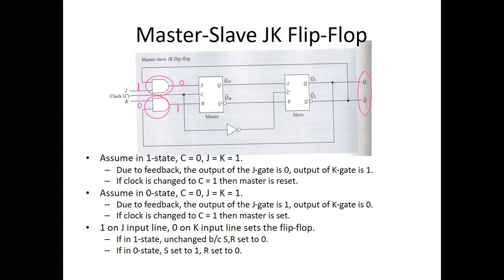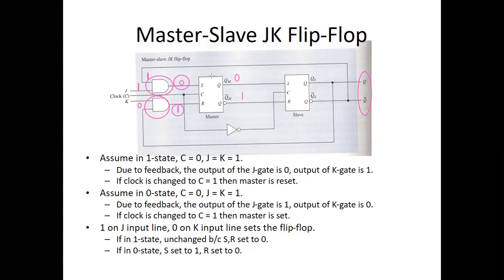So when this flip-flop is in one state, if clock changes to 1, the master will get into a reset state, because I have a 0 over here and 1 over here. So S is equal to 0, R is equal to 1 will give you QM is equal to 0 and QM bar is equal to 1.